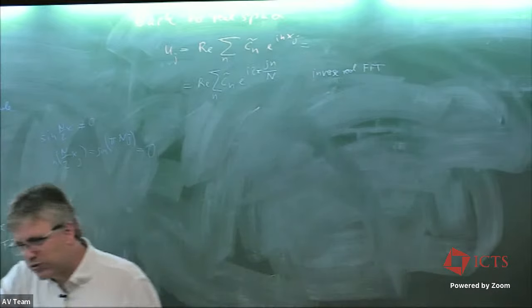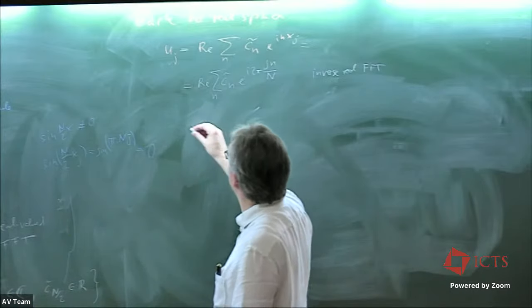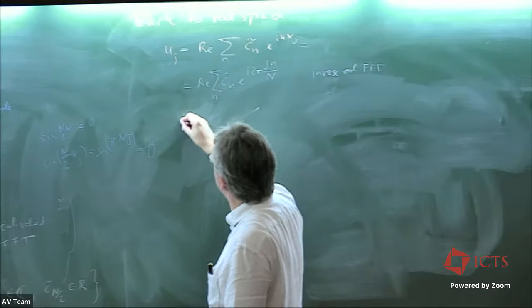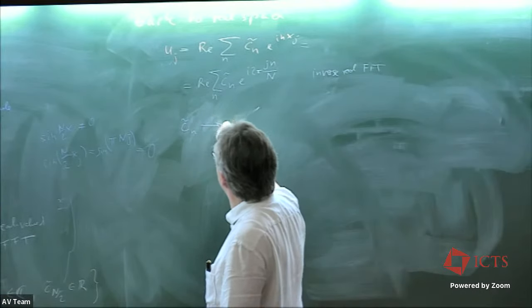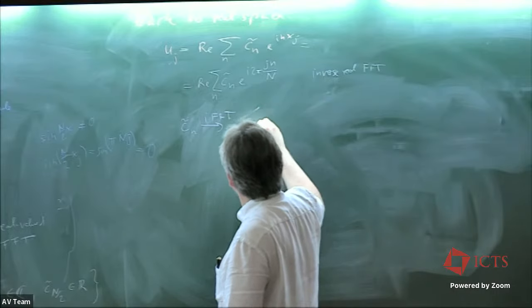So you can go back and forth by doing FFTs from c tilde, and an IFFT gets you to u_j.